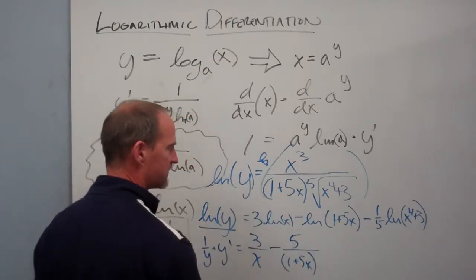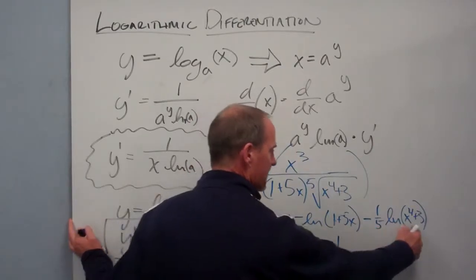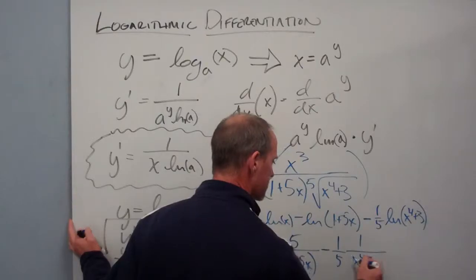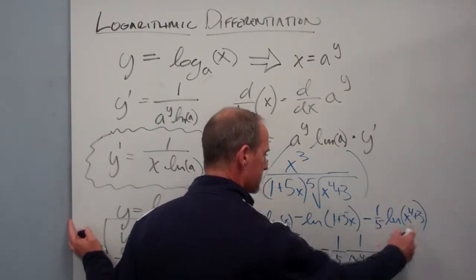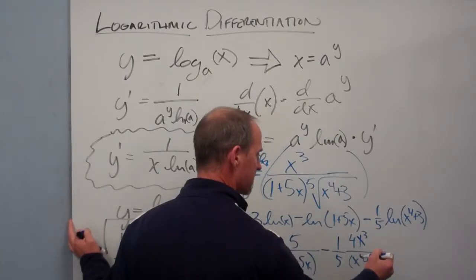Then minus 1/5, again 1 over x to the 4th plus 3, times the derivative of the inside, which is 4x to the 3rd.